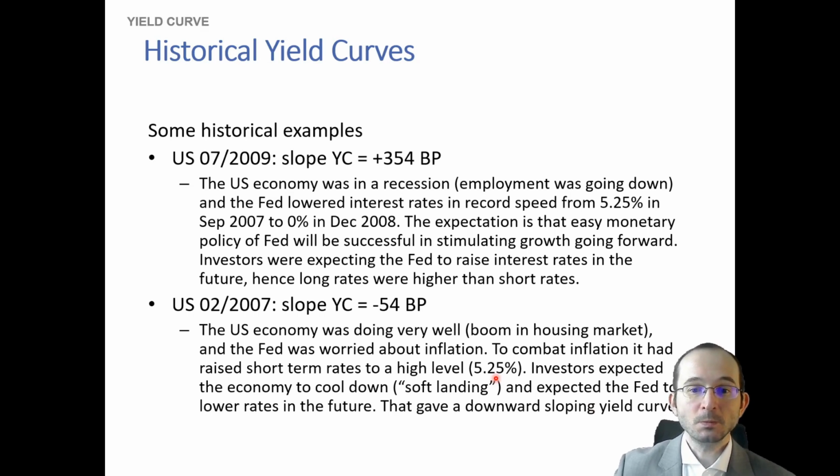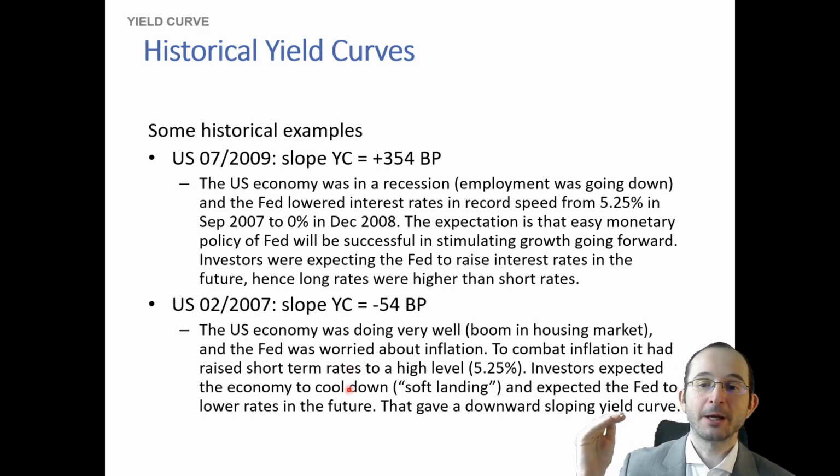So, since the Federal Reserve has a dual mandate, one of the mandates is to monitor inflation, investors generally expected the economy to cool down for one reason or another, either through Fed intervention or through some other means. That would mean that interest rates would come down, so even though they were high right now, they were expected to be lower in the future.